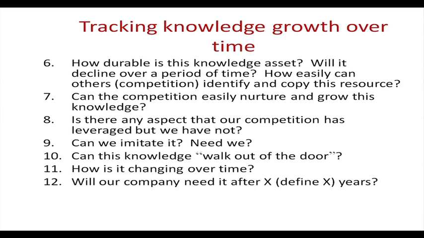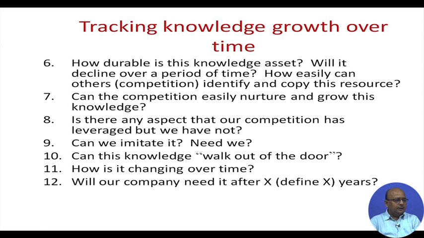Now, this was a knowledge asset for that particular organization, but it is not going to be a knowledge asset for that organization anymore, because now all banks are using ATMs. So, it has created a level playing field, right. It means the value of this knowledge has declined over a period of time, okay, because others have been able to identify and copy this knowledge resource. So, they are also going to make use of the same resource, which does not provide you a competitive advantage, right.